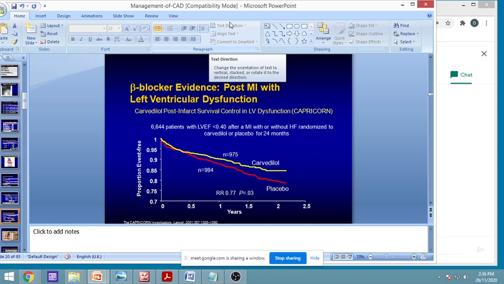There was a big study showing the benefit of that, that is, how many events were there, the event-free periods. We can say that with carvedilol they had a longer event-free period as compared to placebo. So these are the benefits which are shown to be better.